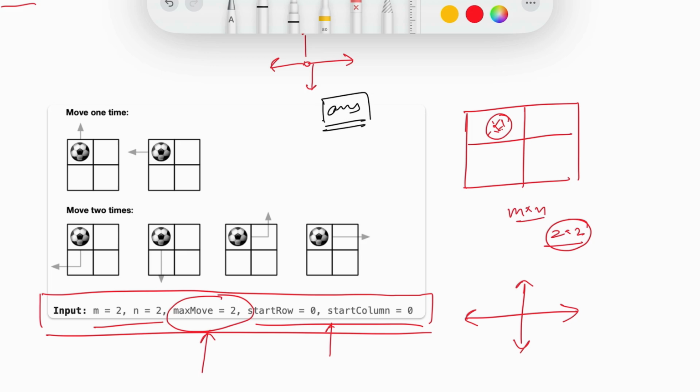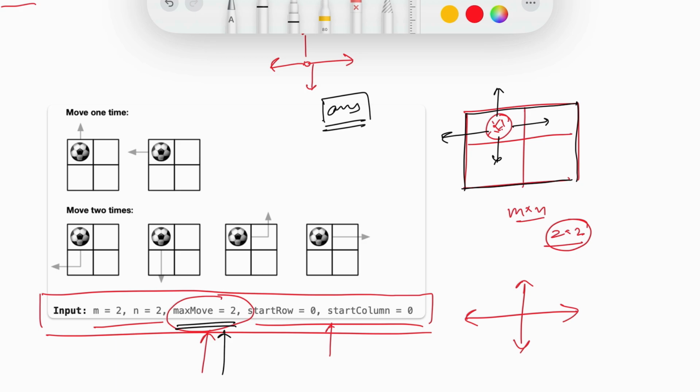Now we have to find the number of ways to move this ball out of the boundary. This is the boundary of the grid, and we have to make the ball go out of the boundary within max moves. Let's say if I make one move upside, it is going out of boundary. If I make one move left side, it is going out of boundary. If I make one move down or one move right, it is not going out of boundary.